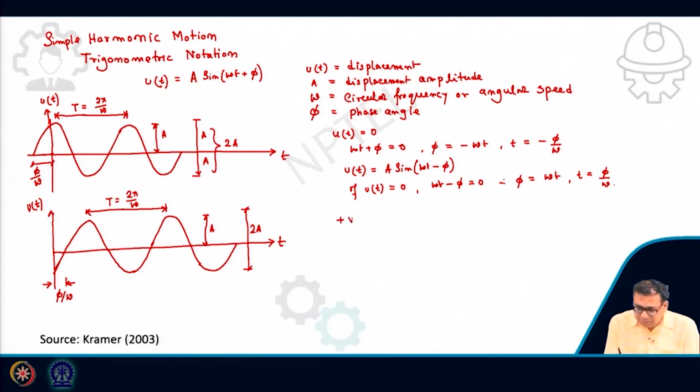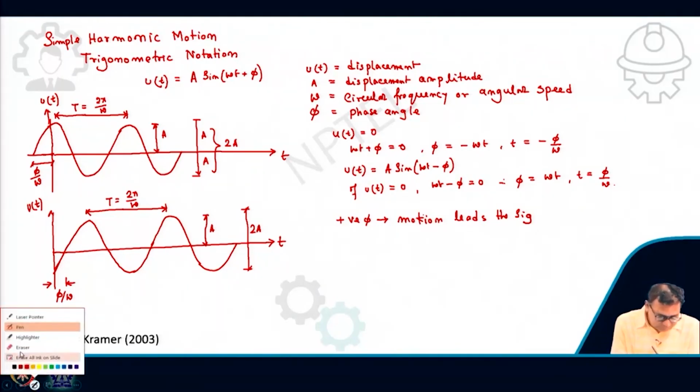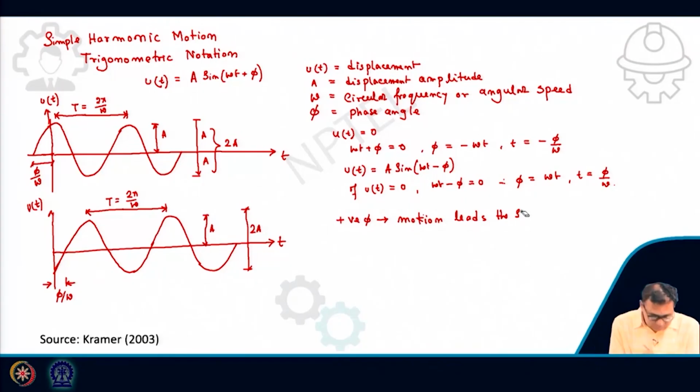One is the positive phi, which indicates that the motion leads the sine function, and if it is a negative phi, which indicates that the motion lags the sine function.